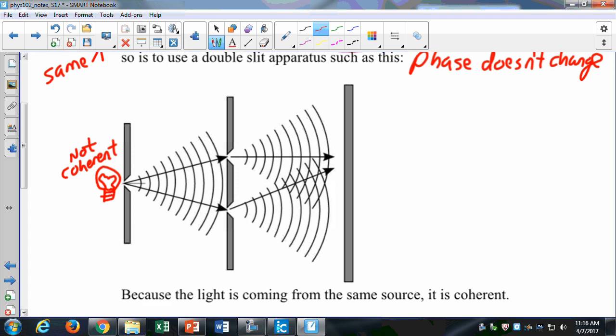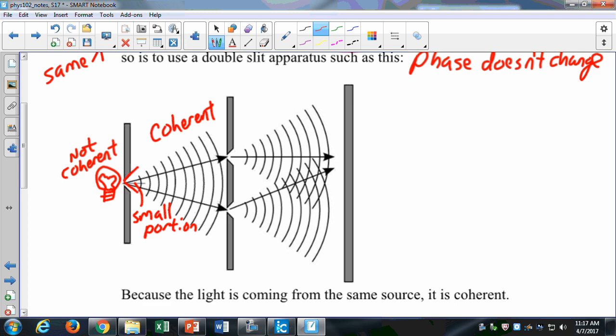So if we don't use all the light, but put a slit in front of it, we're really only taking a very small portion of the light from the light bulb. Now that small portion of light is coherent, because it's just a tiny little piece, and it's coherent with one another because it's basically from the same atoms that are creating the light.